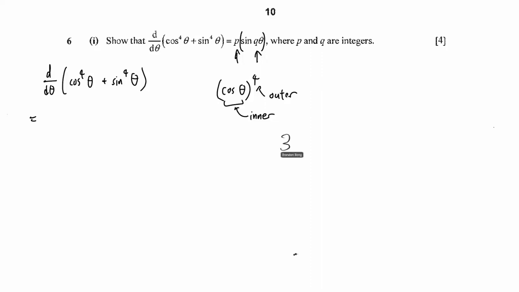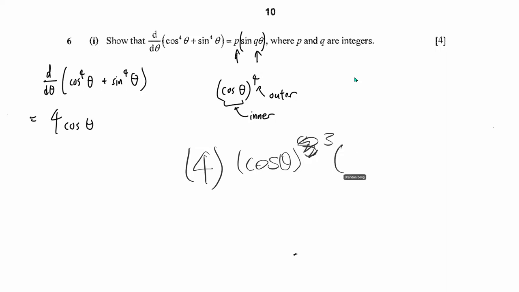Bring down the old power 4. The base copy and paste. Minus 1 to get the new power. 4 minus 1. Yes, okay, so 4 cosine theta bracket power 3. Or if you're more efficient, you can write cos cube theta. Then times, yes, differentiate the inner function cosine, you get minus sine.